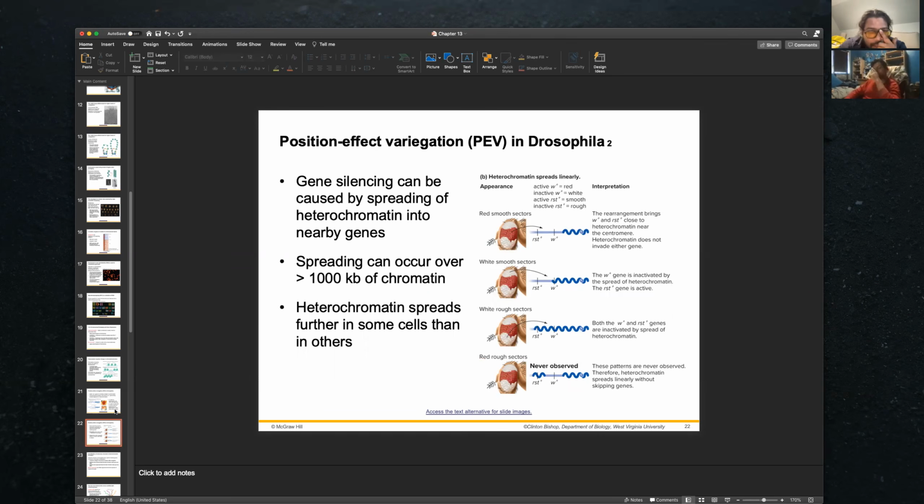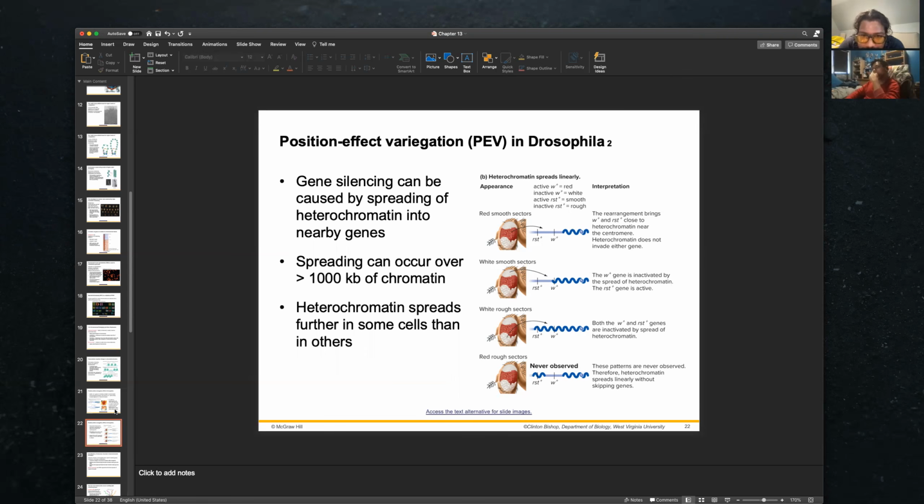Gene silencing can be caused by spreading of heterochromatin into nearby genes. Spreading can occur over 1,000 kilobases of chromatin. Heterochromatin spreads further in some cells than in others, and it spreads linearly, in a line. In the first rearrangement, it doesn't invade another gene like the RST.